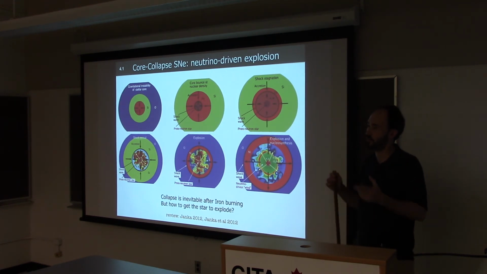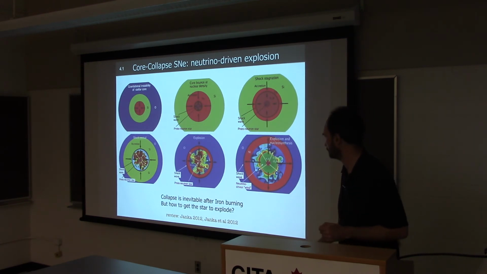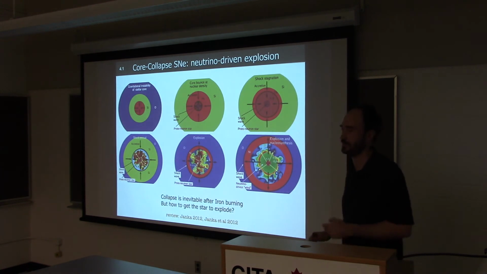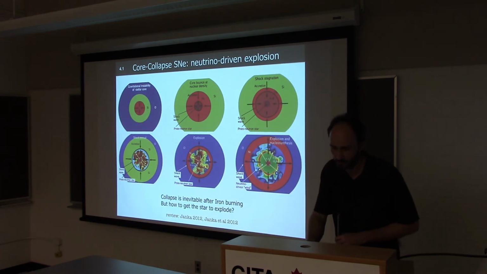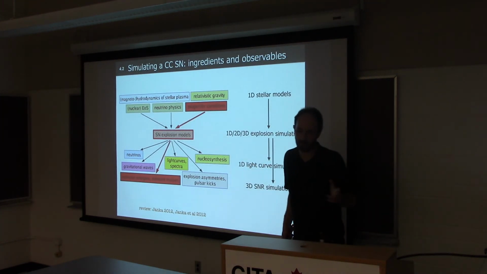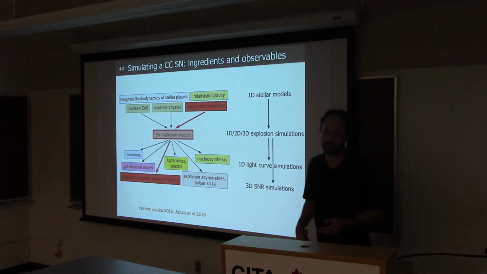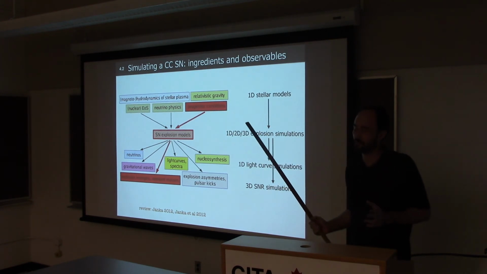Okay, so for core collapse, we know that there is a huge release of neutrinos. And so people are thinking that the explosion is actually driven by neutrinos. These are fairly complicated simulations where they do maybe magnetohydrodynamics, including neutrino physics with some nuclear equation of state, to get from some progenitor models.